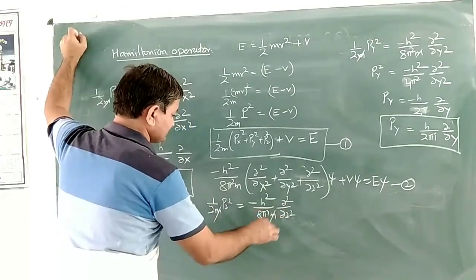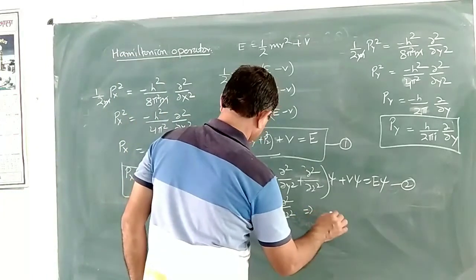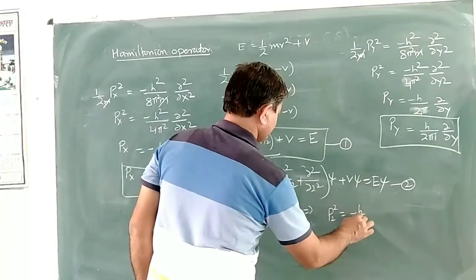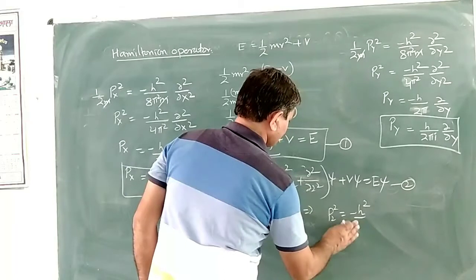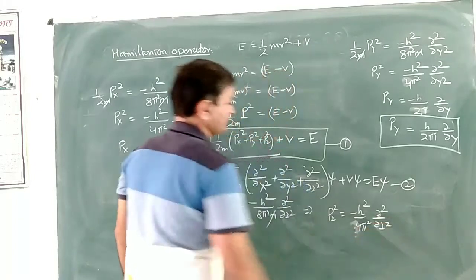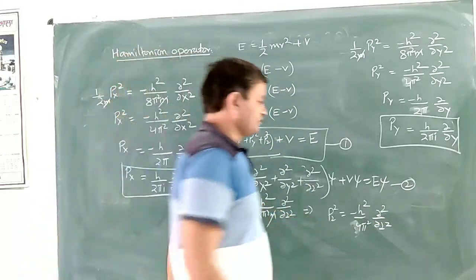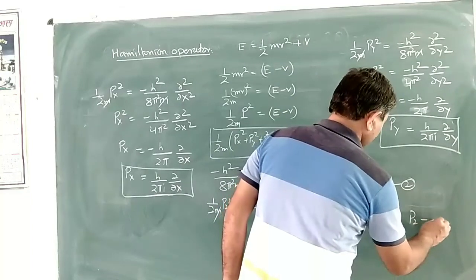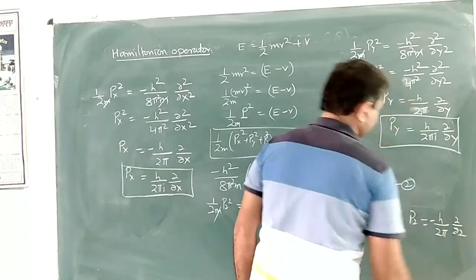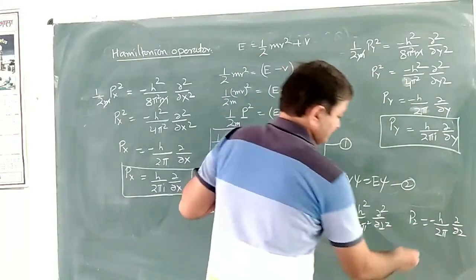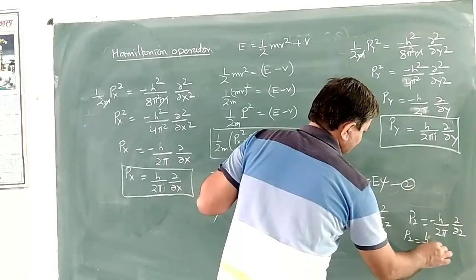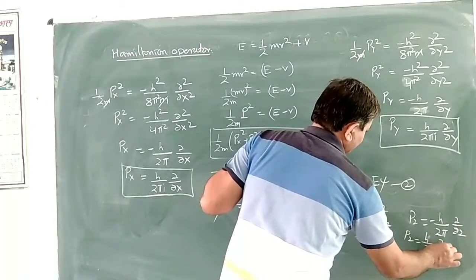So this m and this m cancel, so we are left with this that is Pz square is equal to minus h square divided by 4 pi square curly square divided by curly z square, and therefore this Pz will be equal to minus h divided by 2 pi curly divided by curly z, and उसको हम iota से इस तरह से लिख सकते हैं कि this Pz is equal to minus this is h divided by 2 pi iota curly divided by curly z.